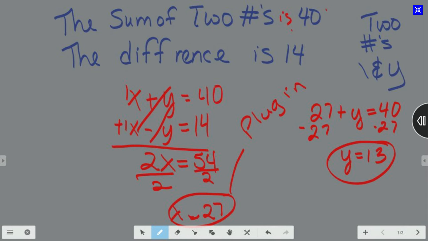Is 27 plus y, plus 13, 40? Yeah. And is 27 minus 13 a 14? Okay? They're not a difficult set of problems to do.